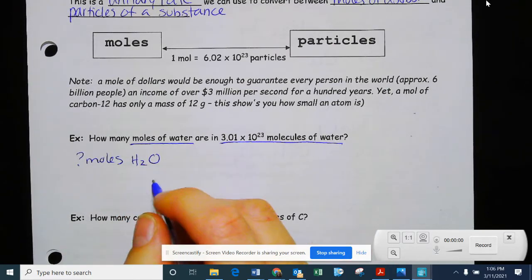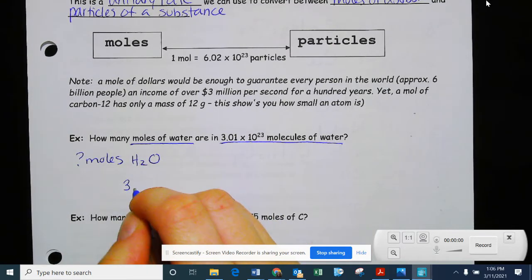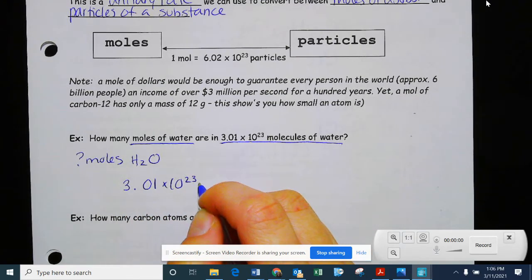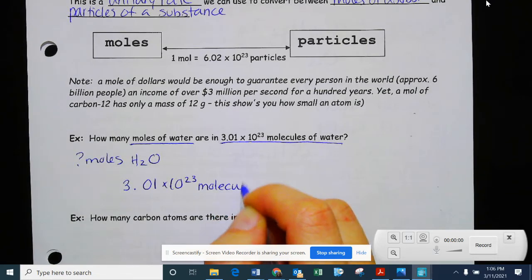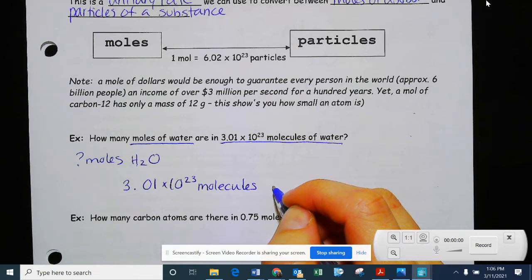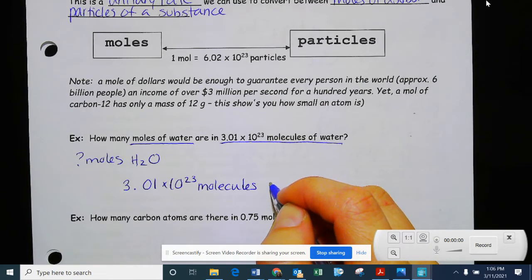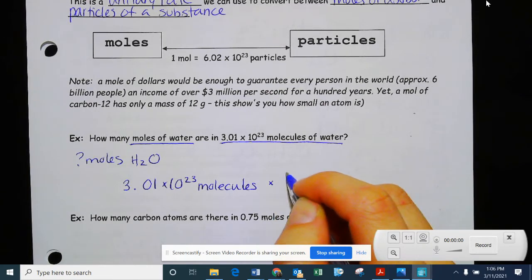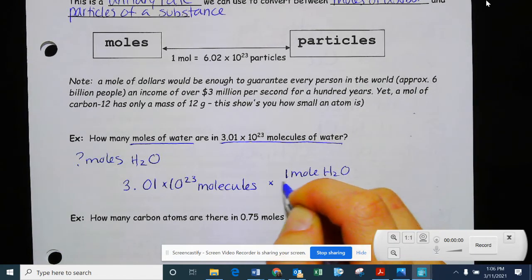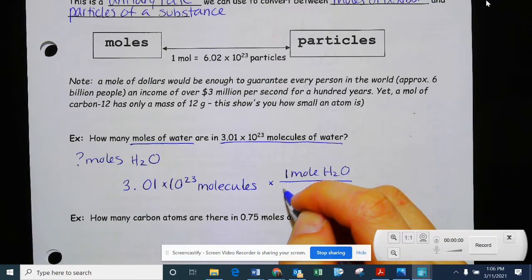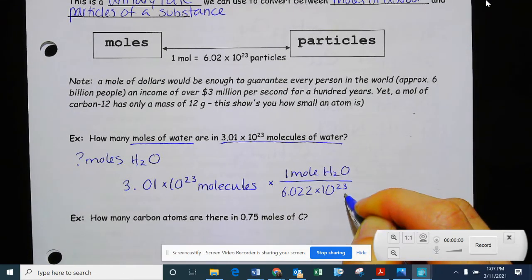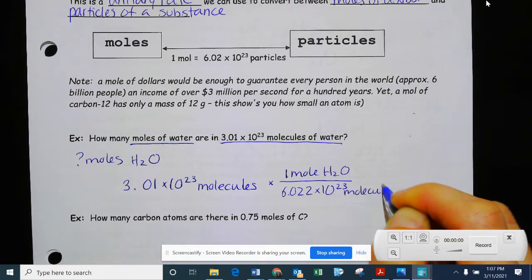We have 3.01 times 10 to the 23 molecules, and we know that 1 mole of water is 6.022 times 10 to the 23 molecules.